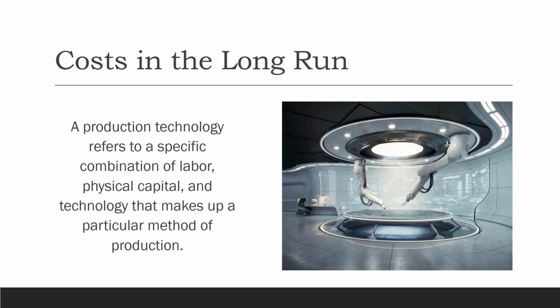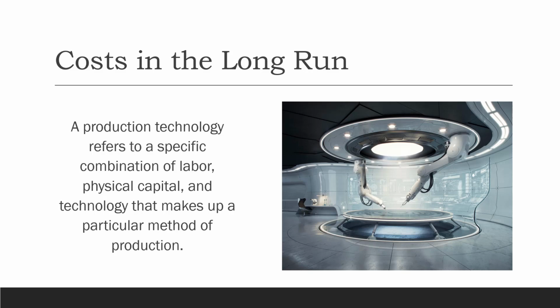In the long run, firms can choose their production technology, and so all costs become variable costs. In making this choice, firms will try to substitute relatively inexpensive inputs for relatively expensive inputs where possible, so as to produce at the lowest possible long-run average cost.